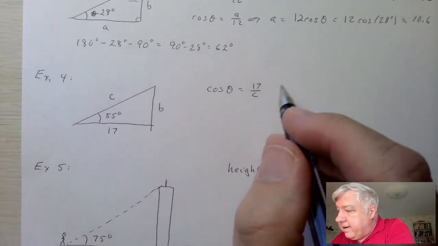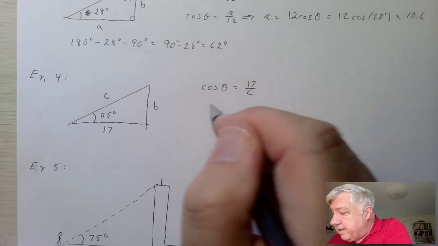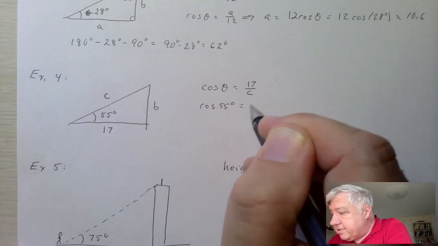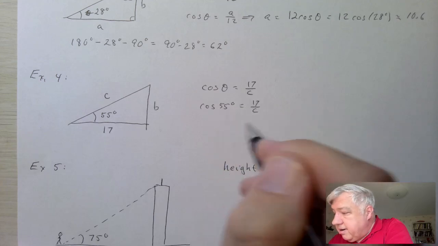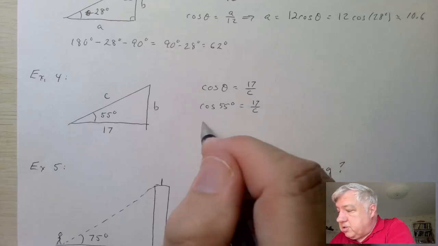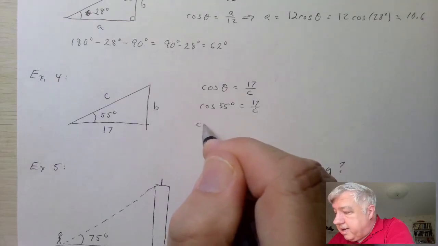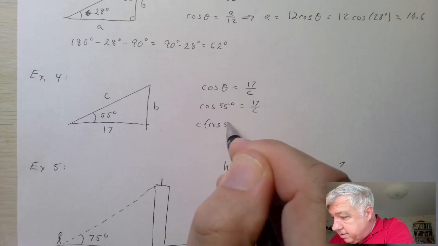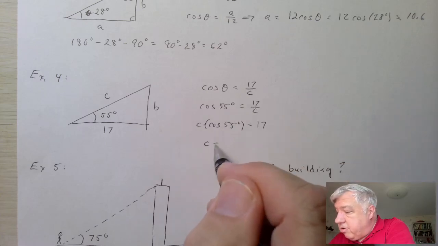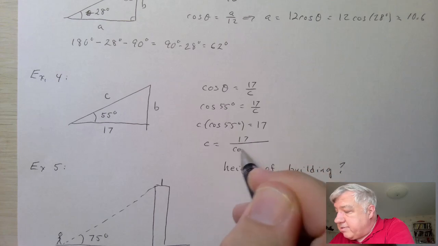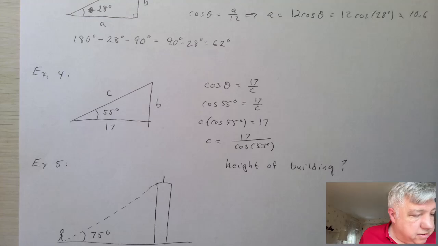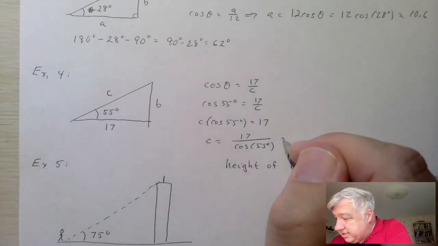So we get that the cosine of 55 degrees is 17 over c. We can cross multiply, I guess, or just multiply by c. And then c will be 17 divided by the cosine of 55 degrees, which is 29.6.